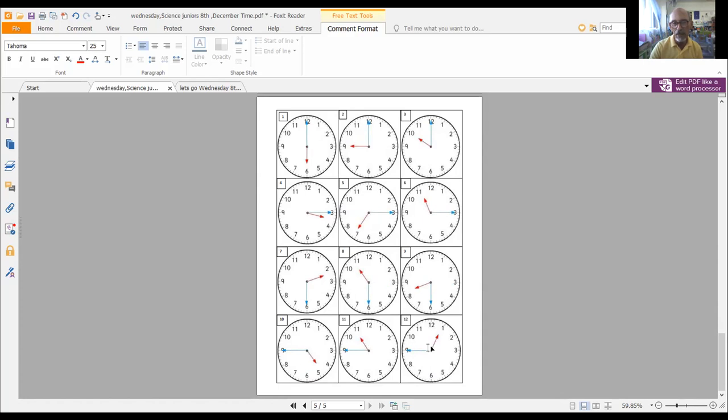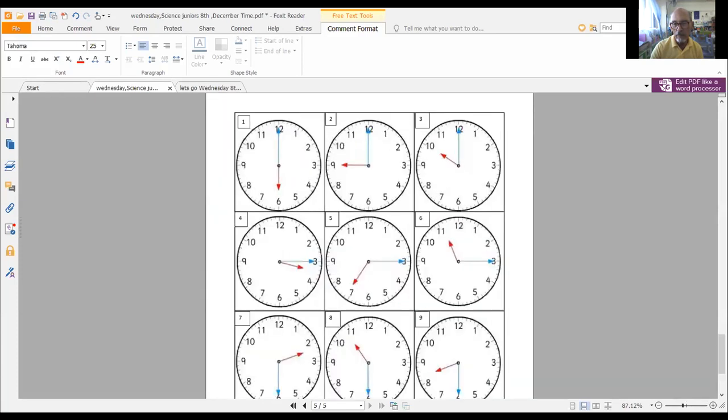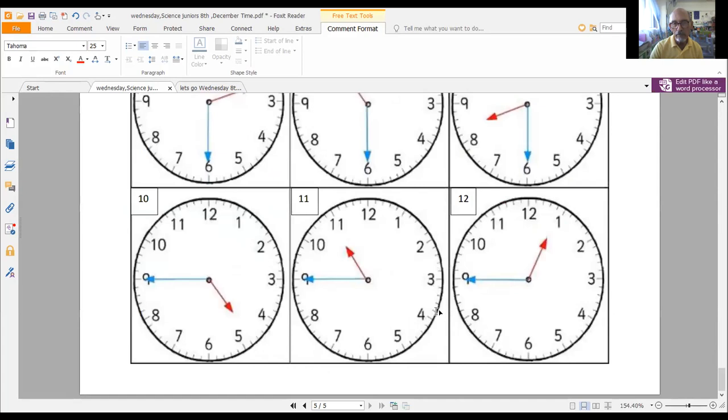Now look at number 10, number 11, and number 12. Now looking at number 10, can you guess what time it's reading? The hour hand is past the 4, but not quite to the 5.